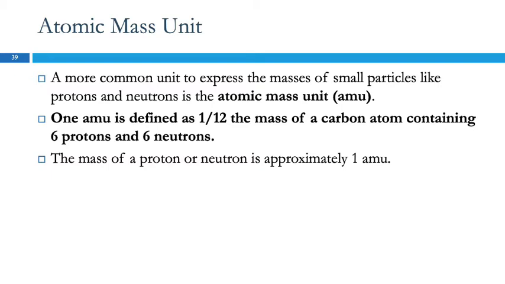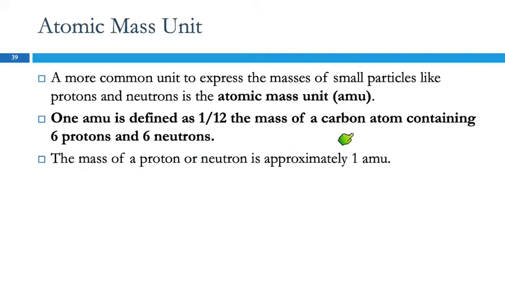Kilograms or even grams or micrograms or attograms are not good units for measuring the mass of these tiny, tiny particles. So they made up a different unit called the atomic mass unit for measuring the mass of an atom. It's got a strange definition. One atomic mass unit, one AMU, is defined as 1/12 the mass of a carbon atom containing 6 protons and 6 neutrons.